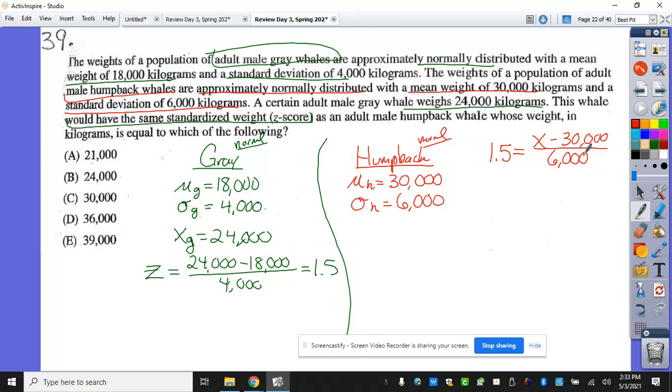What's half of 6,000? 3,000, so it gives me 9,000, so it gives me 39,000. And like I said, I think if you saw that problem, it would not be obvious enough to tell you in between that you should do a z-score.